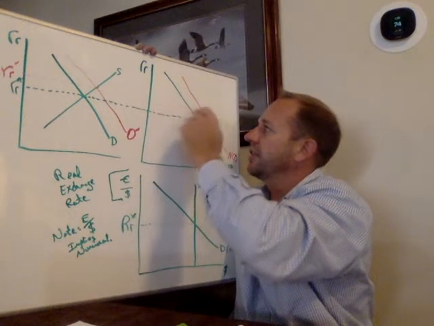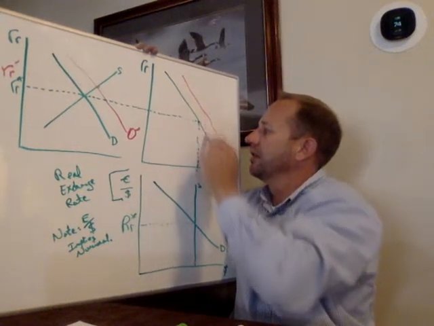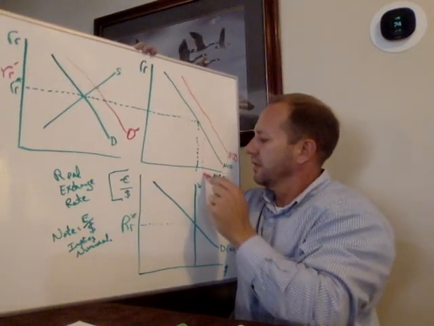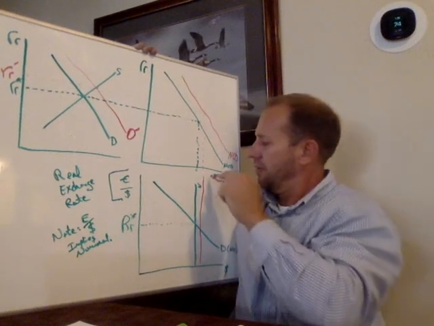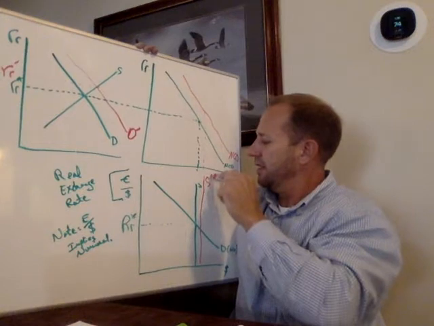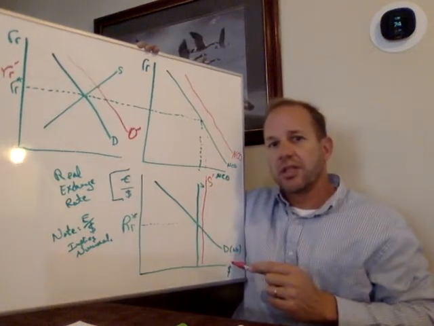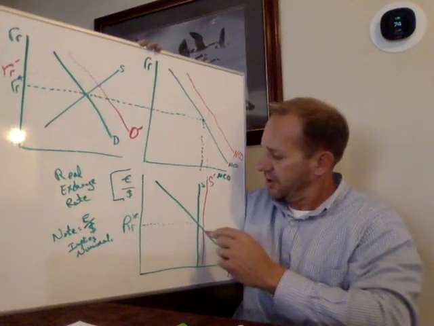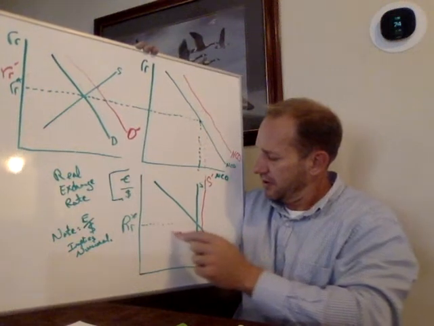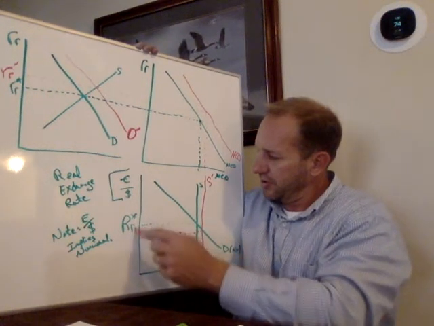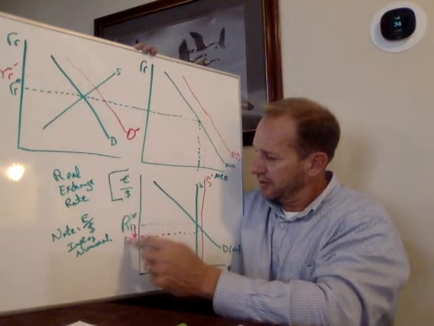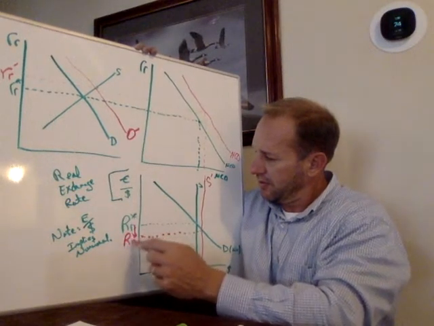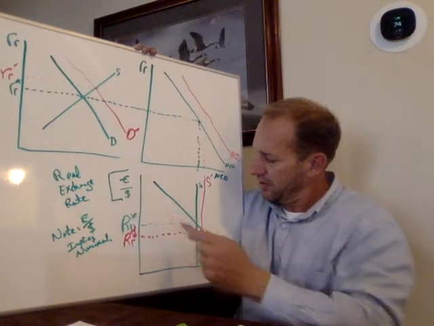Along my new net capital outflow over here, that will reflect down here with an increased supply of dollars in exchange markets, and that would put downward pressure on the real exchange rate down here.